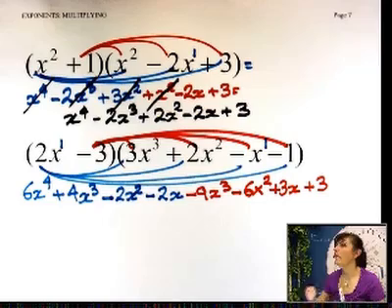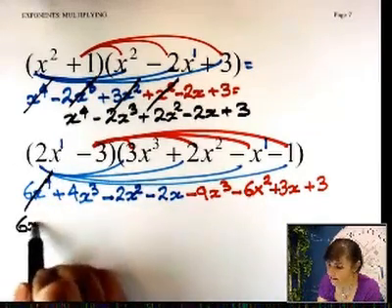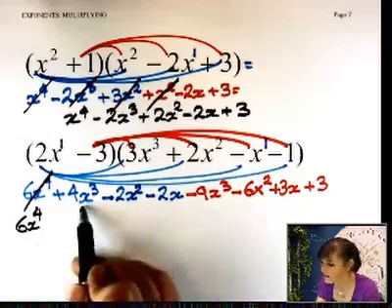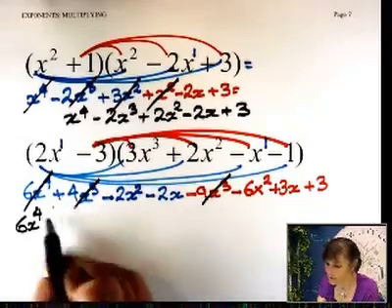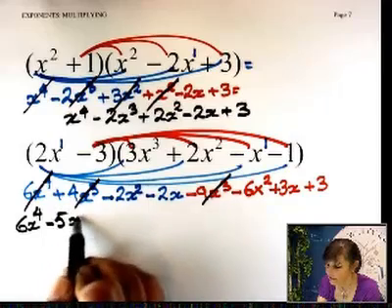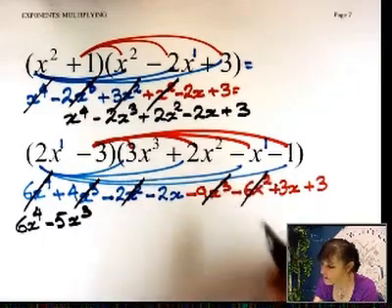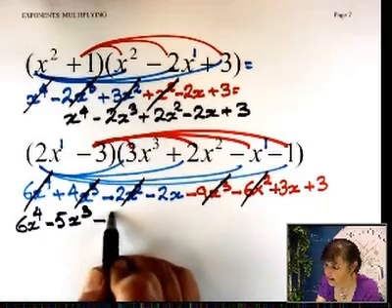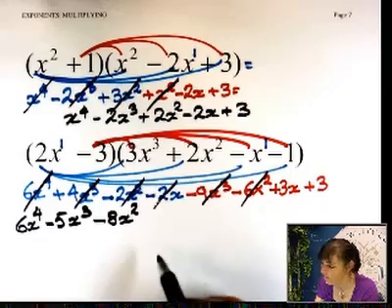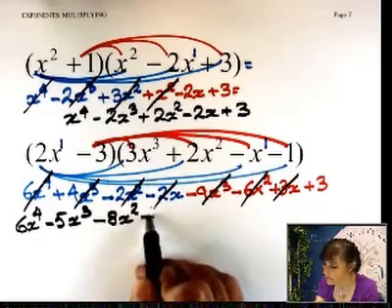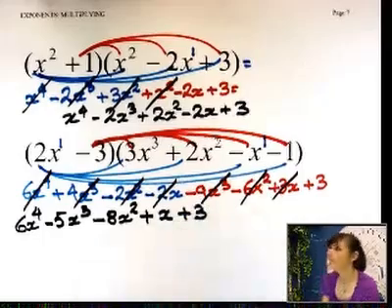You're going to combine the like terms. This is the only fourth one. I have an x cubed and another x cubed. 4 minus 9, that's negative 5. I have a negative x squared, negative 6x squared, so that's negative 8x squared. I have a negative 2 and plus 3, that's positive 1. And this guy is odd man out.